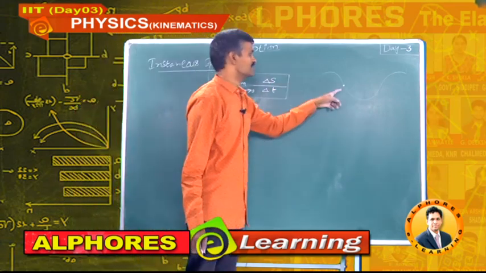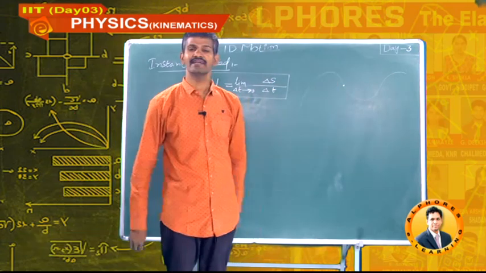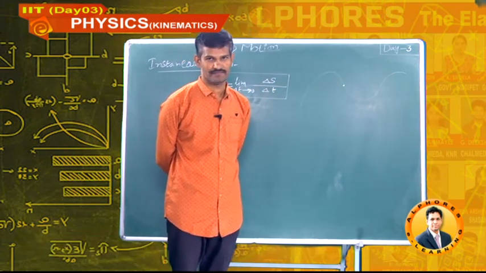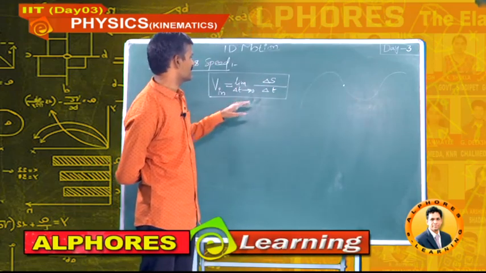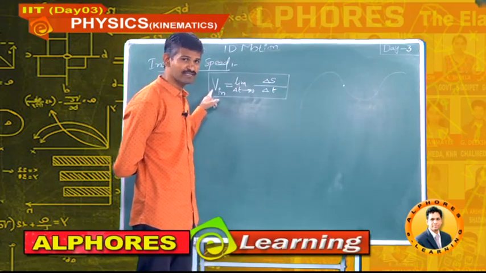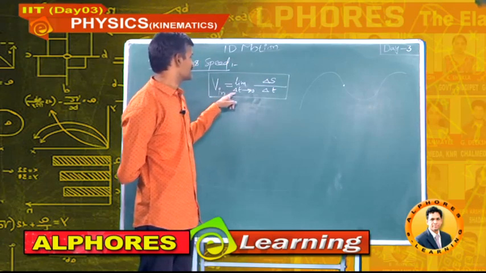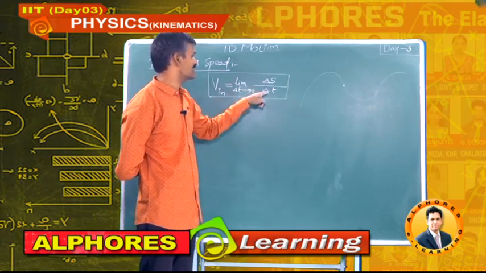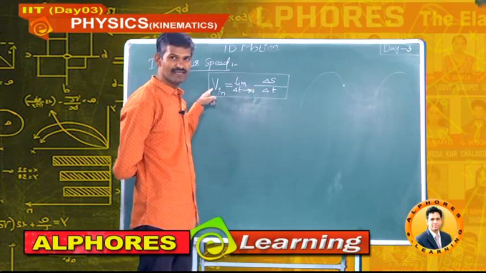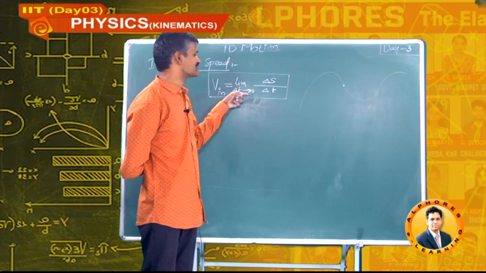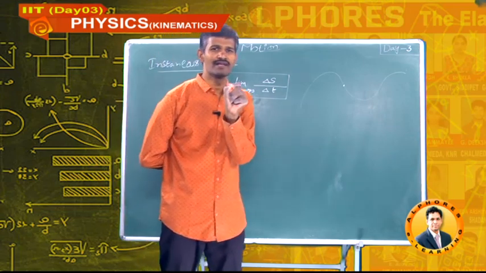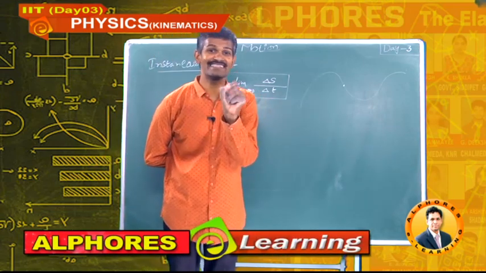Physically we can't derive instantaneous speed at any point, so it has a mathematical treatment. That mathematical treatment, limit delta t tends to 0 of delta s by delta t, is known as instantaneous speed. Delta t tends to 0 means a very small interval, in the sense of an instant.